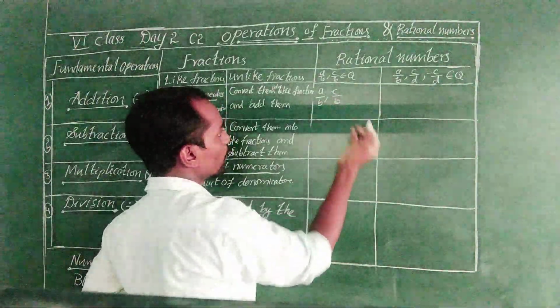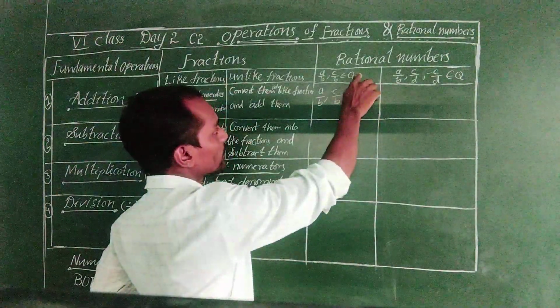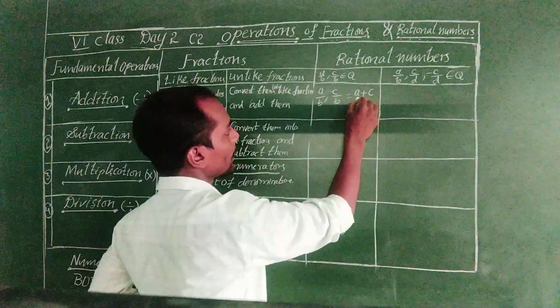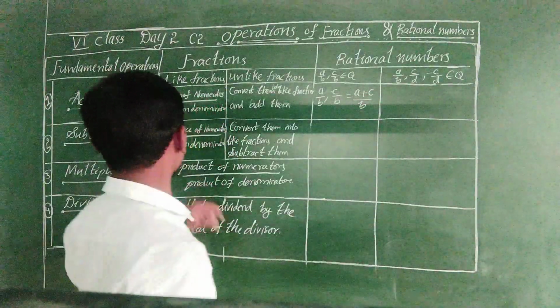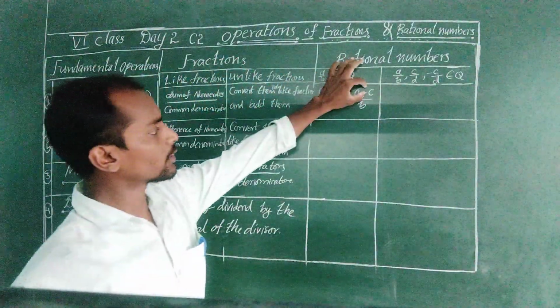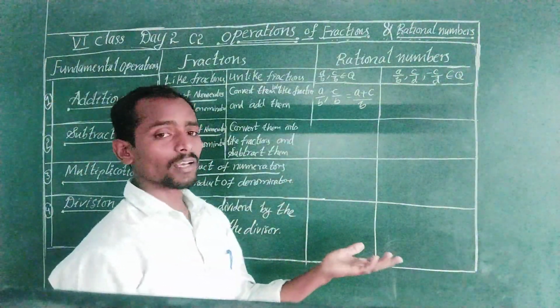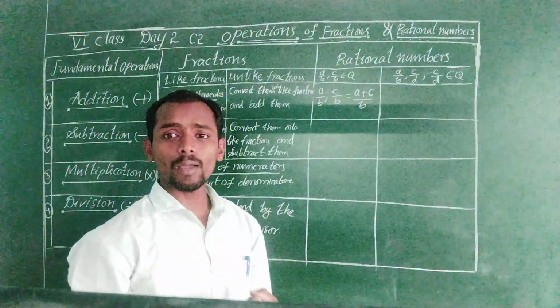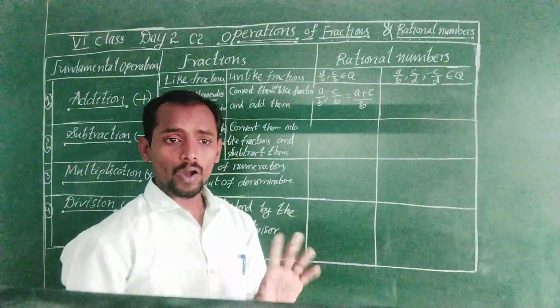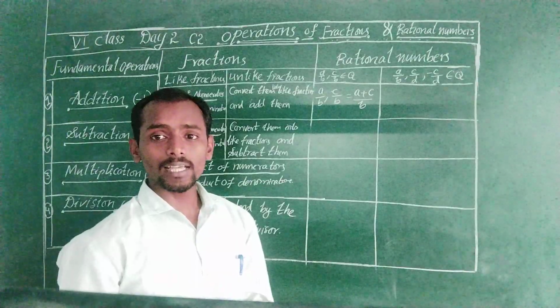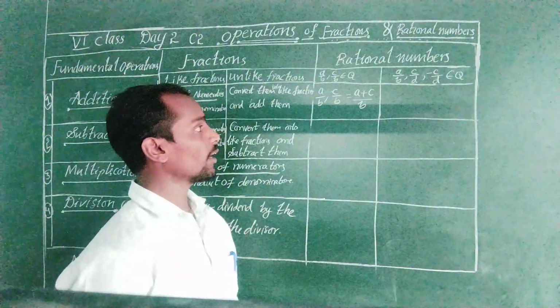You have to add the numerators: a plus c by b. Simple: sum of numerators by common denominator. We define the addition of rational numbers. If a by b, c by b are two rational numbers, then a plus c by b is the sum of the rational numbers.